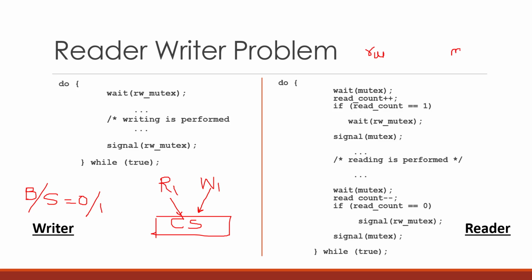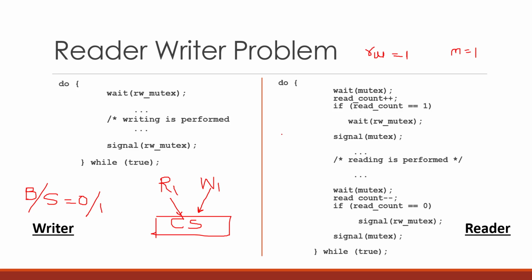As I told you in the theoretical part, I'm going to have multiple readers and multiple writers, and I'm going to use the RW semaphore to be shared between readers and writers, and the mutex for between the readers. When we solve this problem using binary semaphores, we normally initialize both of these semaphores with 1. So RW mutex is 1 and mutex is equal to 1. Both of them are semaphores.